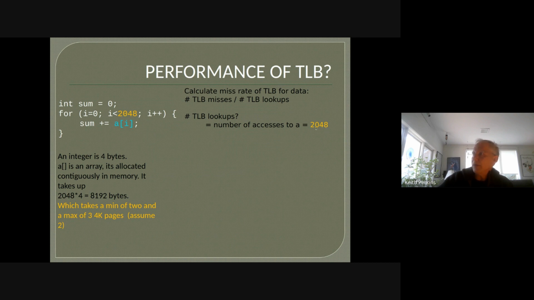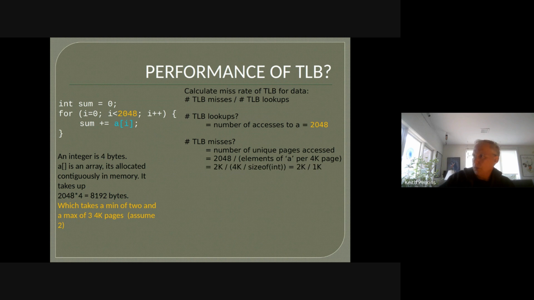So I have 2,048 lookups. My number of misses, well, it depends on how this is aligned. If this array of 2,048 integers happens to be aligned within the pages just so, then it can fit within 2 pages, which means I'm only going to have 2 misses because I have to go to 2 unique pages.